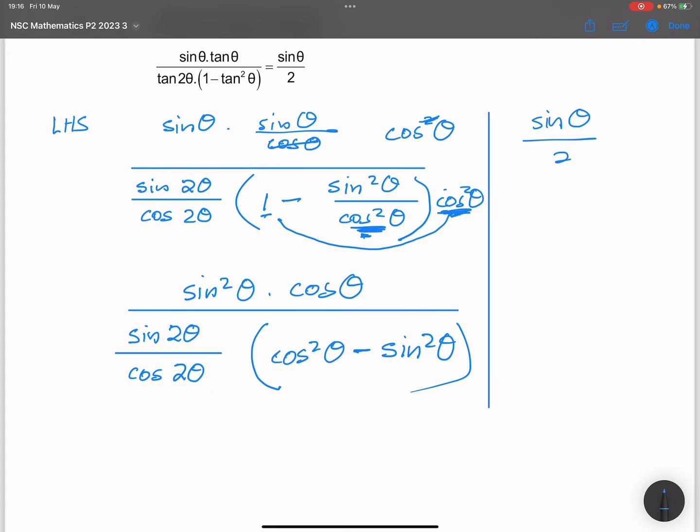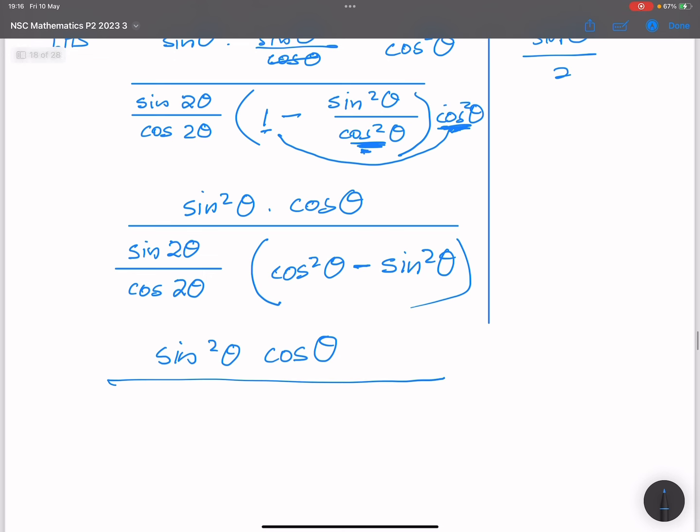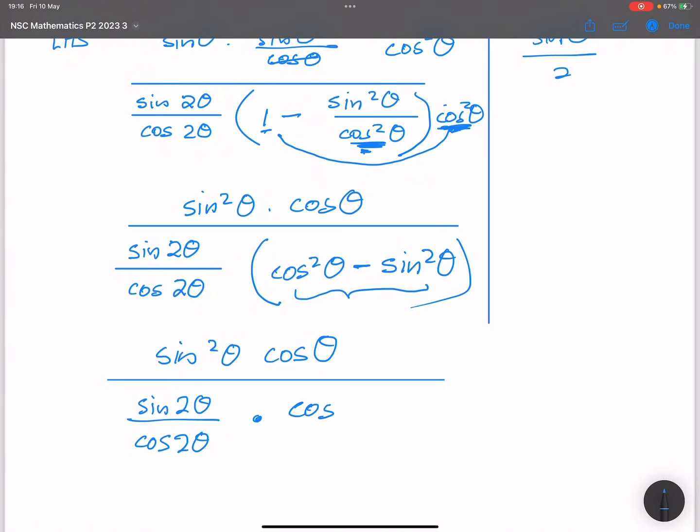So at the numerator, I'm still left with sine squared of theta cos of theta, divided by cos squared of theta minus sine squared of theta, that is cos 2 theta. So that is sine 2 theta divided by cos 2 theta multiplied by cos 2 theta. And in this case, this guy cancels with that guy over there.